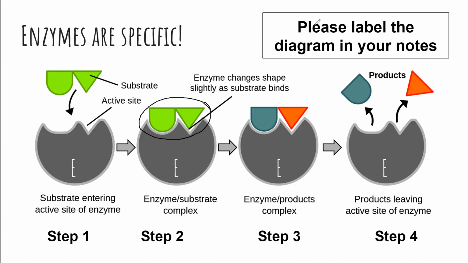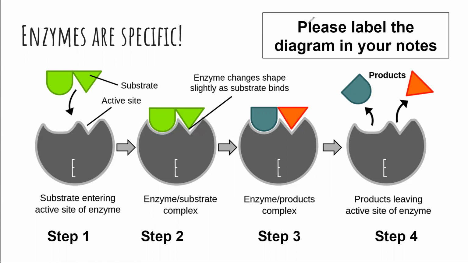The enzyme changes shape just a little bit so that the substrate can bind and fit perfectly. You see how it was kind of an oval shape, but now it's like a perfect circular shape around. So think about putting a hand in a glove, right?